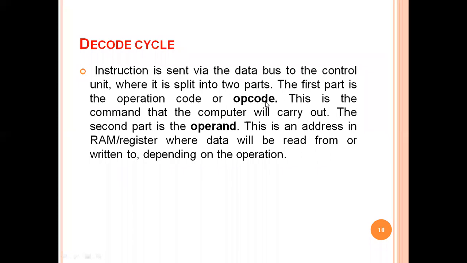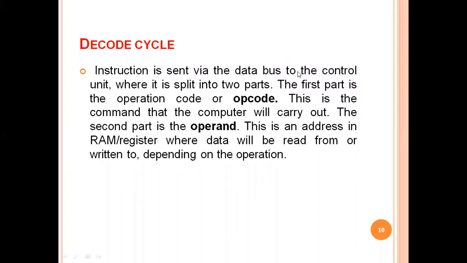Suppose I am giving you the example ADD AB. That means we are adding the values in the two registers A and B and storing into register A. In this case, ADD is an opcode, and AB, that means register A and register B, these are called the operands. Operand may be a register or memory. Clear?